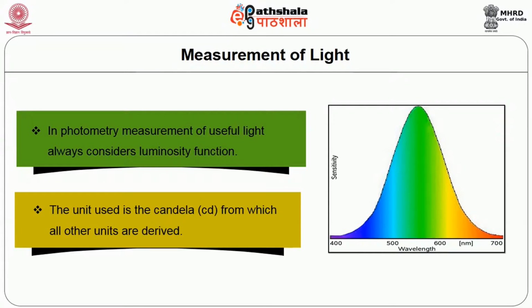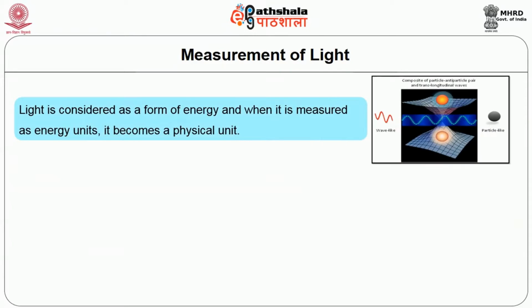These points make us ponder about one important question very distinctly. What aspect of light are we measuring? Energy or brightness? Light is considered as a form of energy, and when it is measured as energy units, it becomes a physical unit.